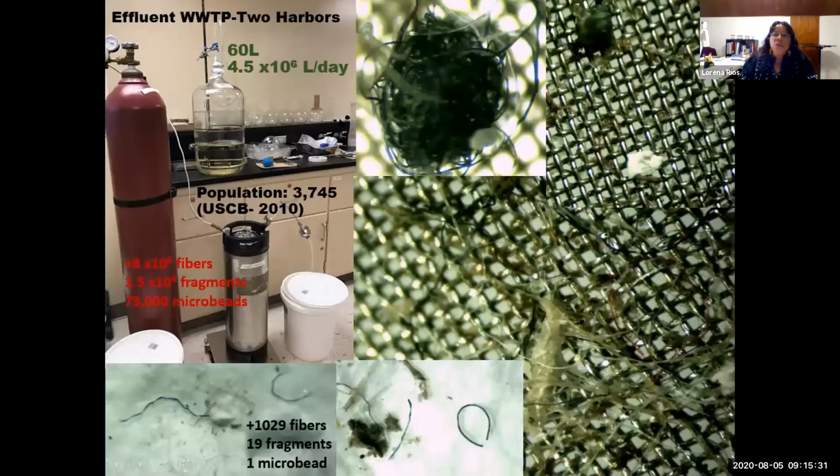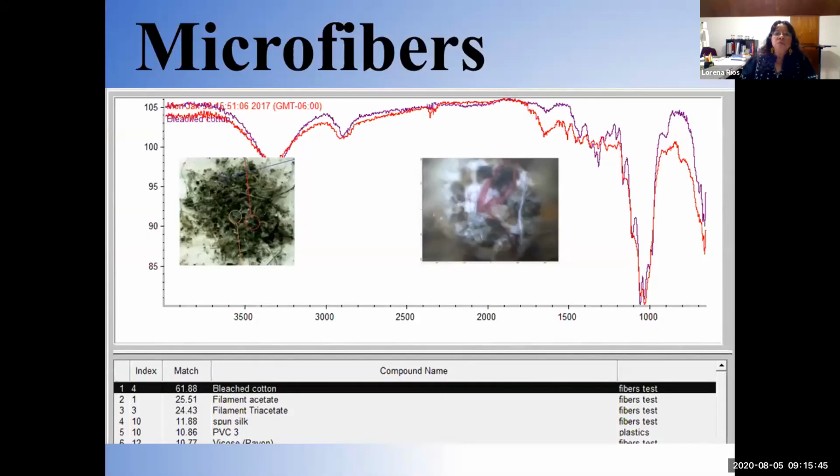And I want to show you this sample from the wastewater treatment plant in Two Harbors, Minnesota. These are all the fibers that we found. We cannot count all the fibers. It is a lot of fiber, but not all the fibers are really plastic.